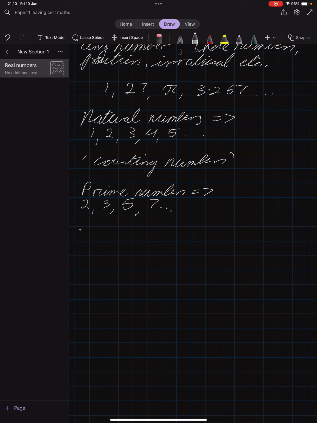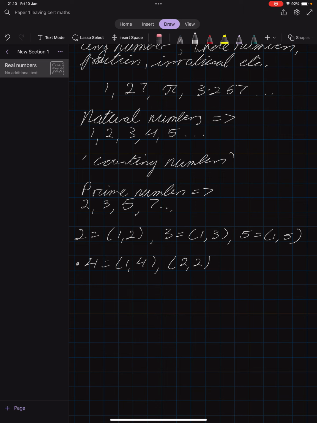The reason is because 2 can be written as 1 multiplied by 2. 3 can be written as 1 multiplied by 3. 5 can only be written as 1 multiplied by 5. But for example, 4 can be written as 1 multiplied by 4, but it can also be written as 2 multiplied by 2. Okay, so that's a prime number.